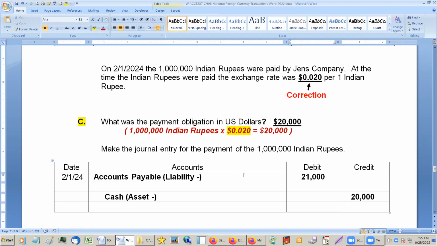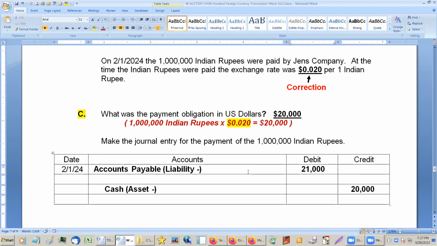Uh-oh, they don't match. So what do we need? We just credit translation gain by 1,000. Yes, good. We just settled a $21,000 debt for $20,000, so that's going to be a gain for 1,000.